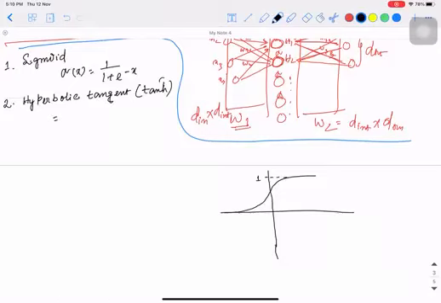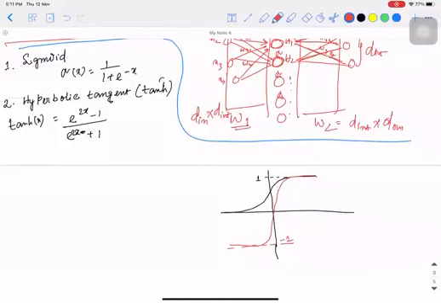So it is tanh x, equal to e to the power 2x minus 1 over e to the power 2x plus 1. If I draw this in the same plane, it would look like this. This is minus 1. Both of them are symmetric but at different positions.